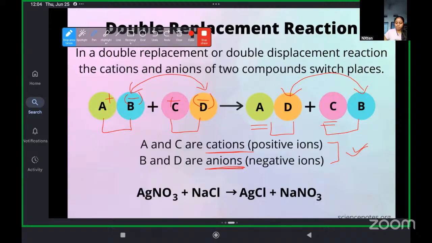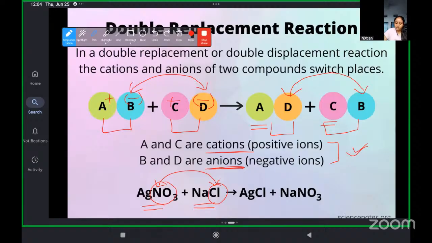An example is AgNO3 plus NaCl. What is happening? NO3 and Cl swap places.